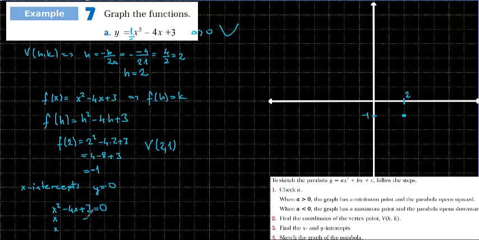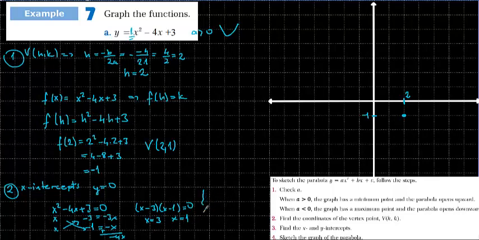If you factorize with minus 3 and minus 1, then minus 3x and minus x, when you multiply gives 3 and the sum is equal to minus 4x. It means that our factorization is true, so x minus 3 times x minus 1 is equal to 0. That means that x is equal to 3 and x is equal to 1.